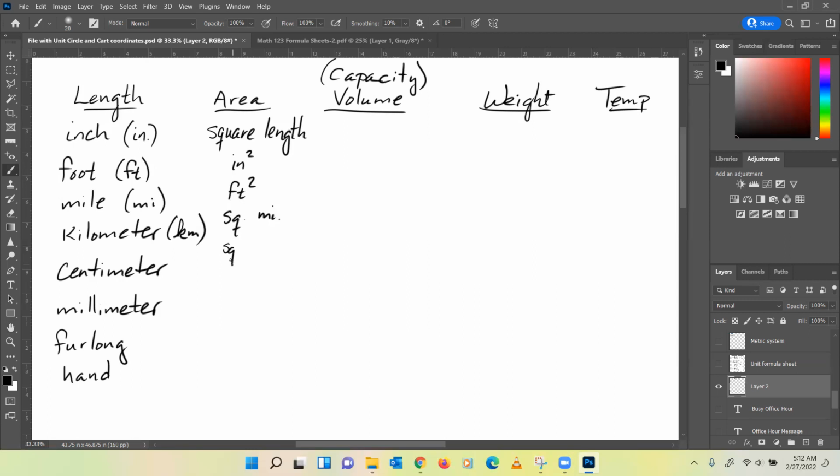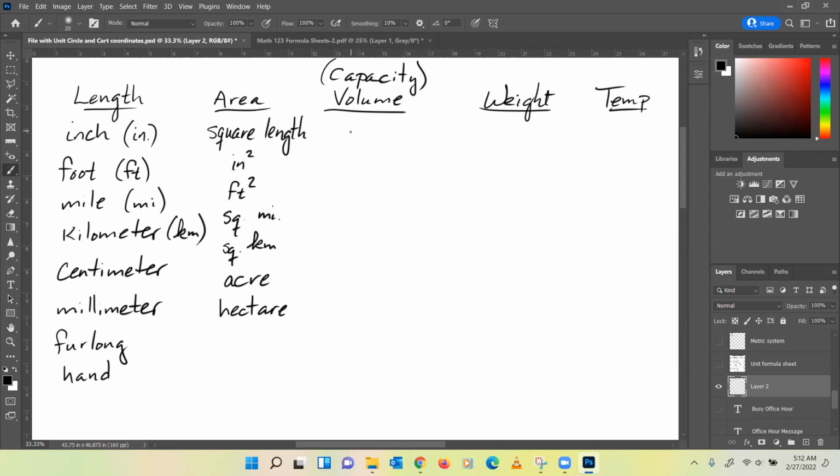So it could be square kilometers, and so on. Those are all areas. Maybe there's acres, which if you dealt with any land, you are familiar with that one. There's a metric version of that called hectares, which you could also deal with.